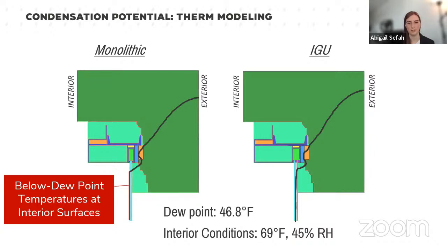In the monolithic glass THERM model, we see that there's a significant amount of condensation and below dew point temperatures at the interior surface. But in the insulating glass unit, that isotherm, our dew point isotherm, turns down and runs parallel to the plane of glass and never actually touches the interior surface. So we wouldn't expect there to be condensation with an insulating glass unit.